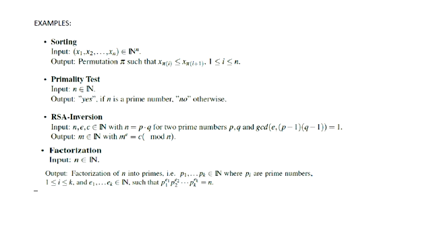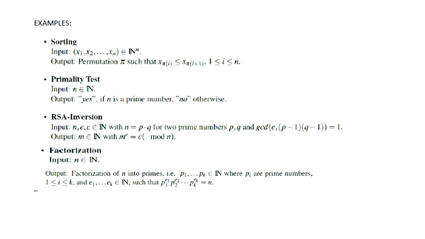We know about factorization. In that case, we have the input n, a natural number, and we get the output of the factorization of n into primes, where p1 to pk are natural numbers and the pi are prime numbers, i ranges from 1 to k, and e1 to ek, which belong to the natural numbers, are the powers of p.